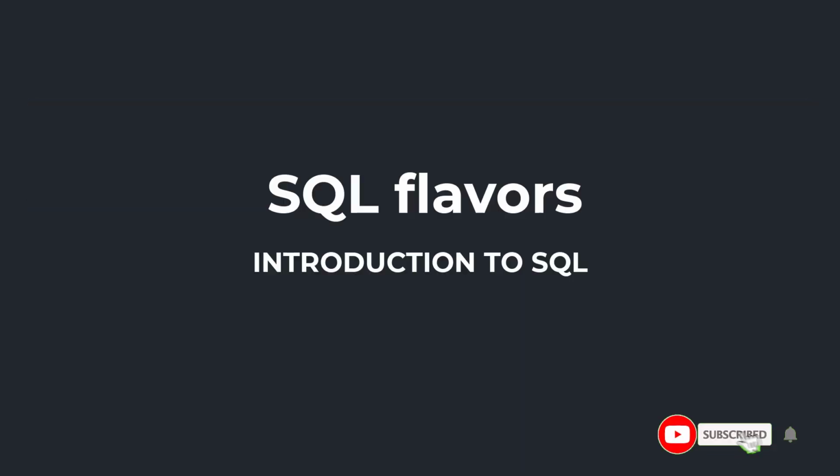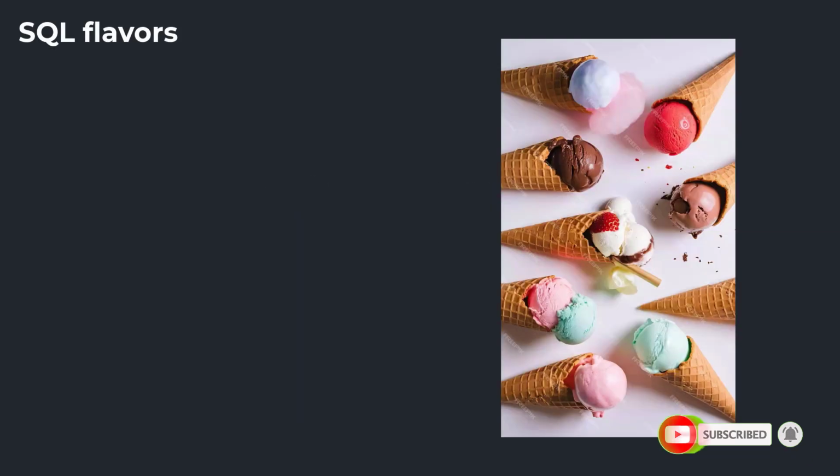Our last topic in this short course is SQL flavors. SQL has a few different versions or flavors. Some are free, while others have customer support and are made to complement major databases such as Microsoft's SQL Server or Oracle database, which are used by many companies.